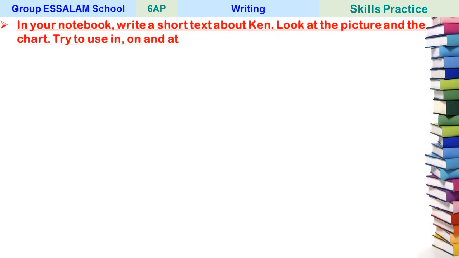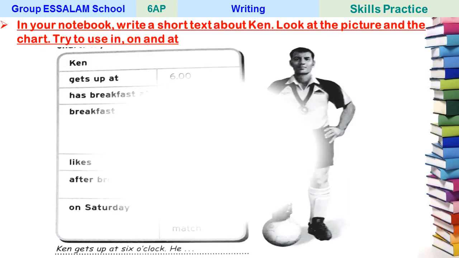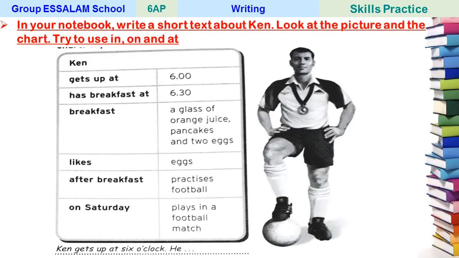And another exercise, in your notebook, write a short text about Ken. Look at the picture and then the chart. Try to use in, on, and at. Okay? So, they give you some information about this player. His name is Ken. He gets up at 6 o'clock.